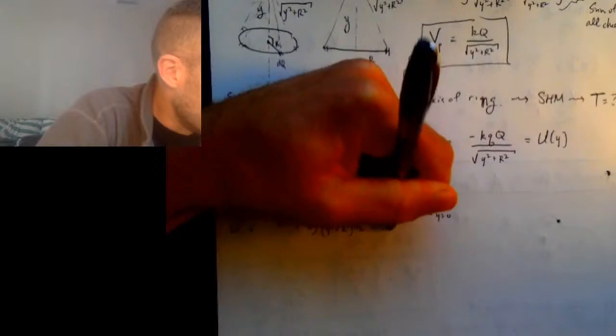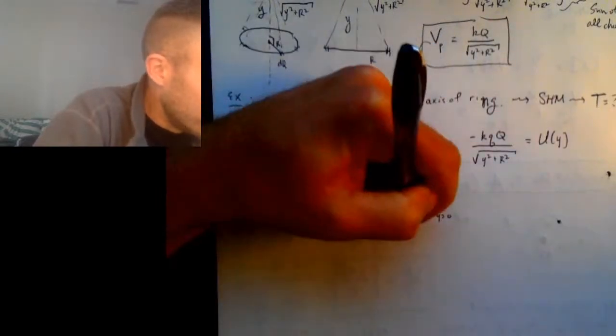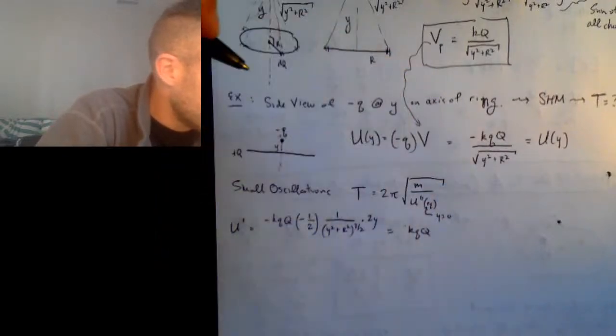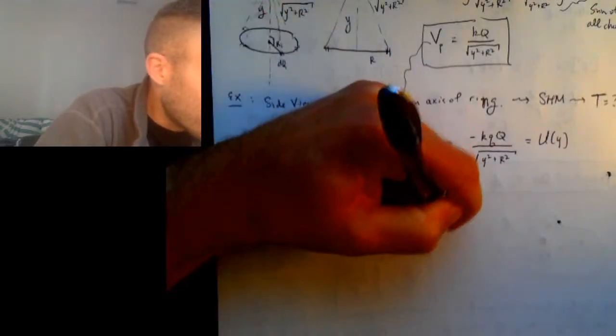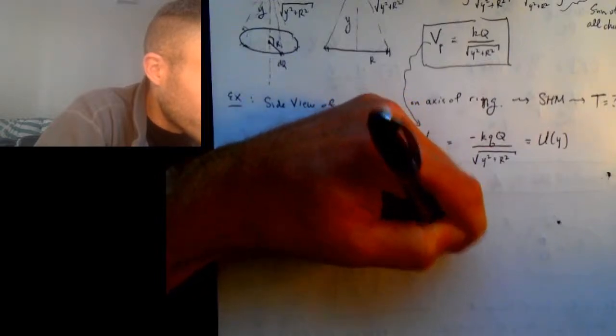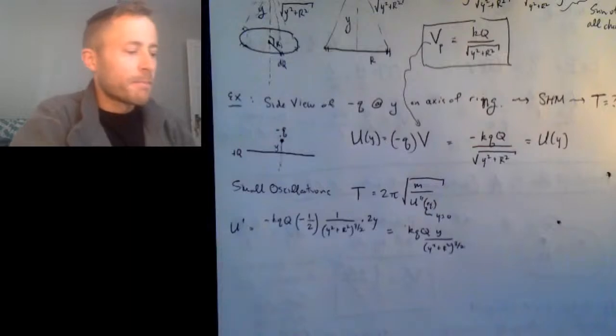Okay, so my u prime is k little q big Q times y over y squared plus r squared to the 3/2 power.